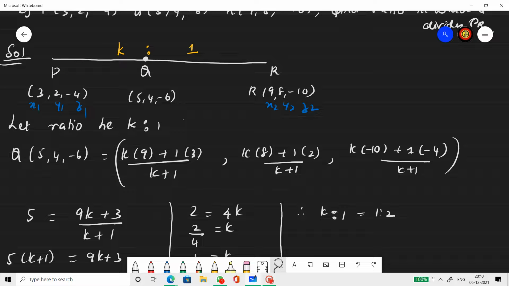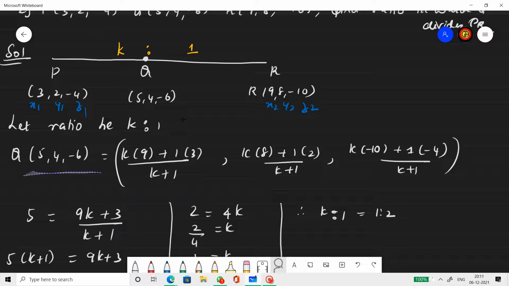The y coordinate will be (k times 8 plus 1 times 3) by (k plus 1). The z coordinate will be (k times minus 10 plus 1 times minus 4) by (k plus 1). This way we get Q's coordinates in terms of k.